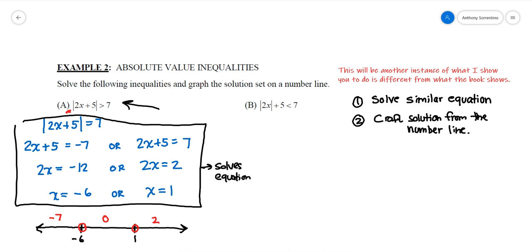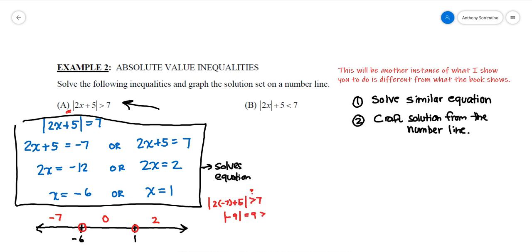If I use the negative 7 and go back to the original inequality, 2 times negative 7 plus 5, absolute valued, is that greater than 7? Well, 2 times negative 7 is negative 14. Negative 14 plus 5 is negative 9, absolute valued, which equals 9.